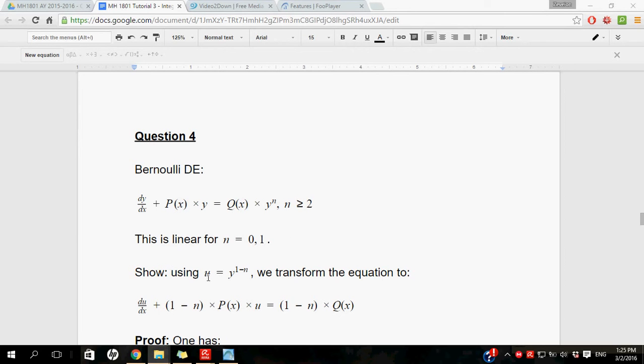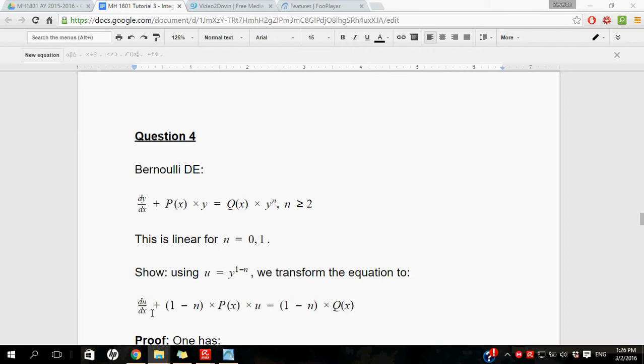Using the substitution u = y^(1-n), we can transform the equation into the form du/dx + (1-n)p(x)u = (1-n)q(x). So we need to take our original differential equation, apply our transformation, and obtain this form.